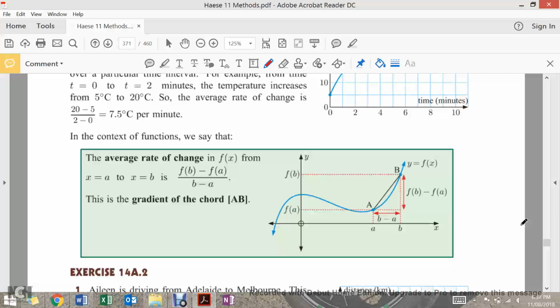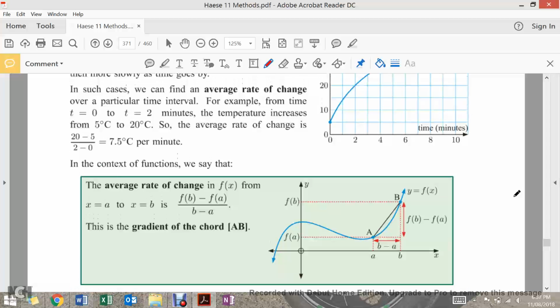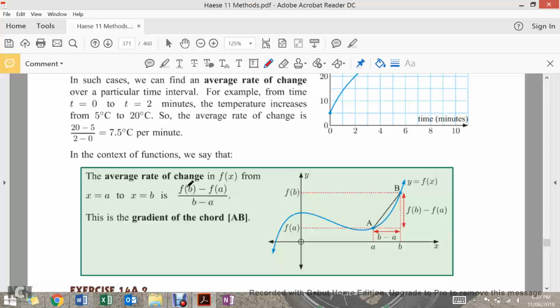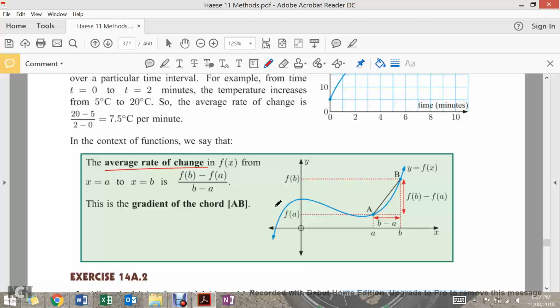And we're back. You're done drawing? Fantastic. So, the average rate of change of your function f of x from x equals a to x equals b will be f of b take f of a, over b take a.